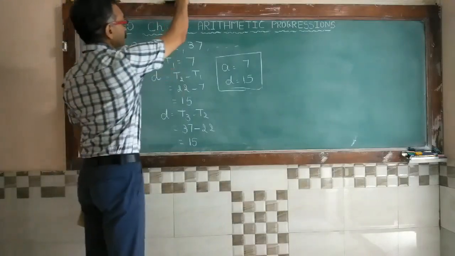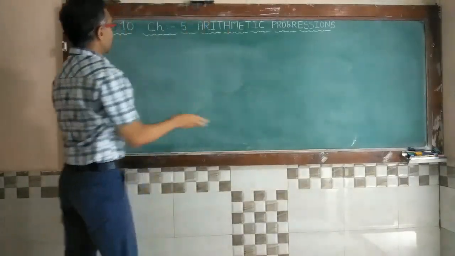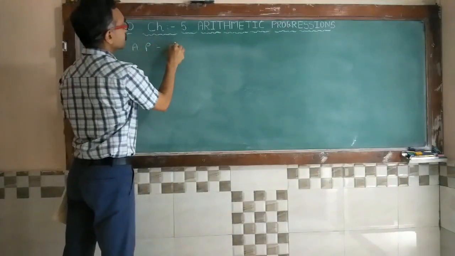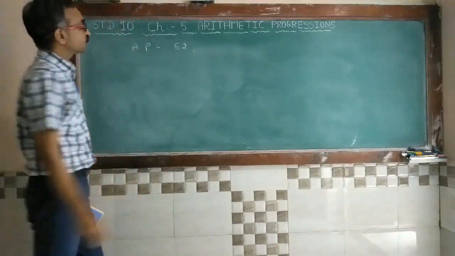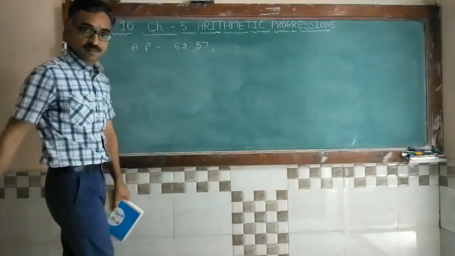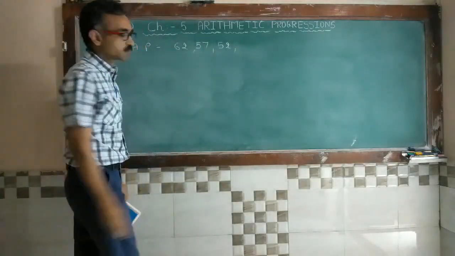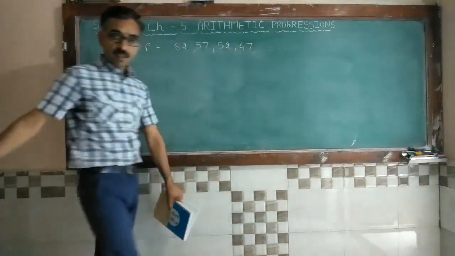Okay. Now suppose you are given an AP: first term is 62, then 57, then 52, then 47 and so on.